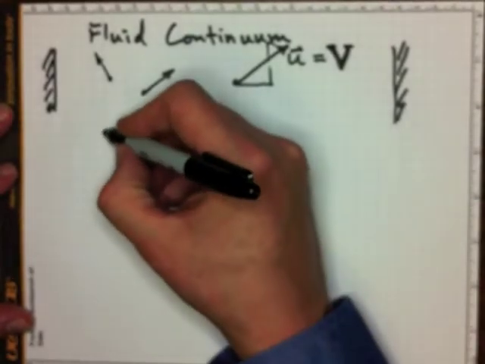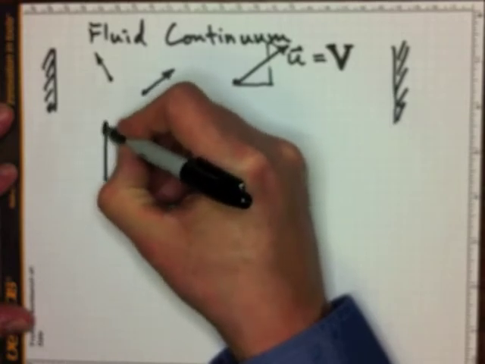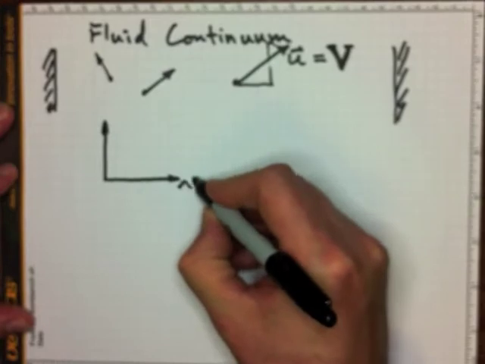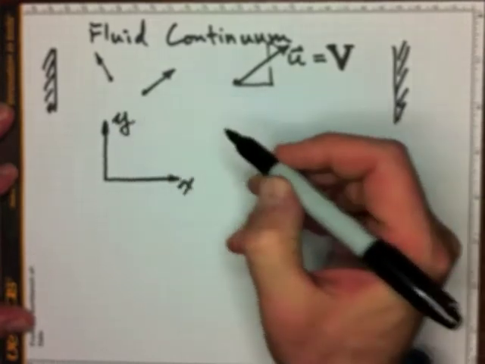So if we're looking at a two-dimensional coordinate system, for a two-dimensional flow, we'll typically make that x and this y.